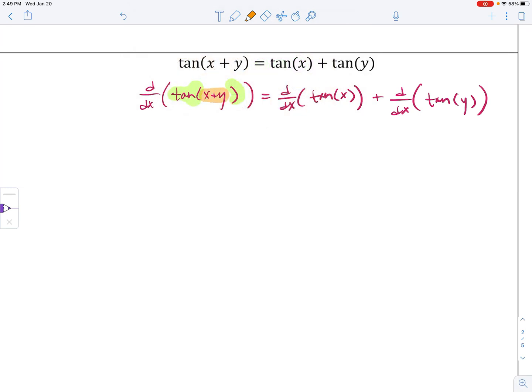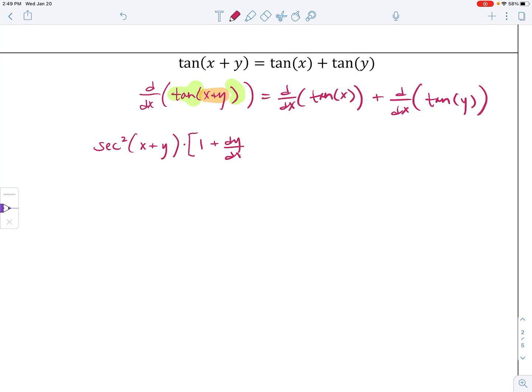So thinking chain rule, tangent is the outside function, x plus y is the inside. The derivative of tangent is secant squared. We'll leave the inside alone, so I'm writing x plus y as the argument, and then times the derivative of the inside.